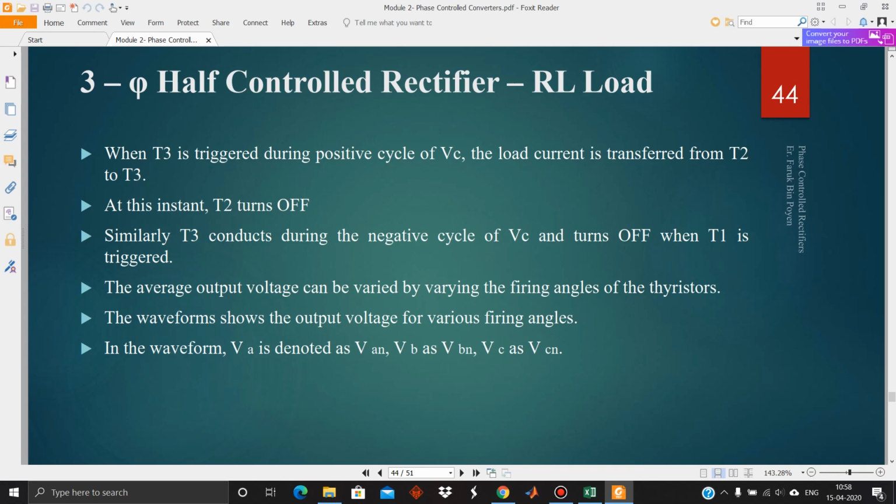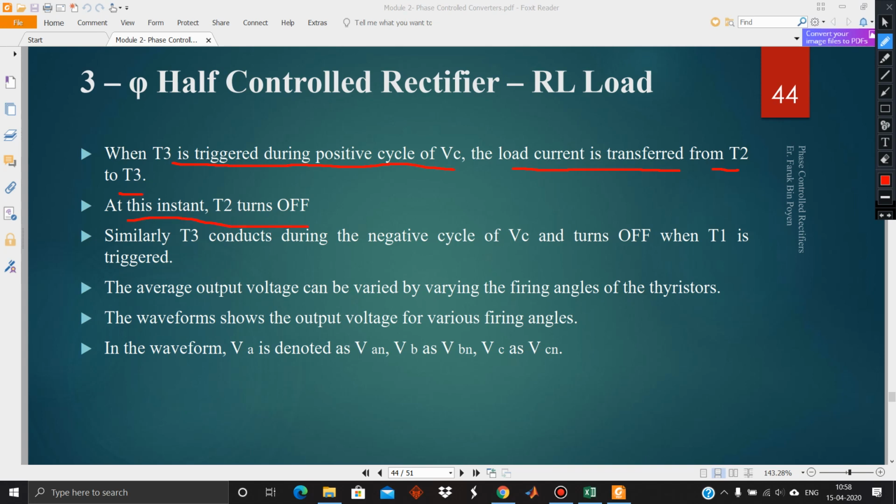Similarly, for T3, when T3 is triggered during the positive cycle of VC, the load current is transferred from T2 to T3. So after the negative cycle, when one thyristor becomes on, the other is automatically commutated or turned off.